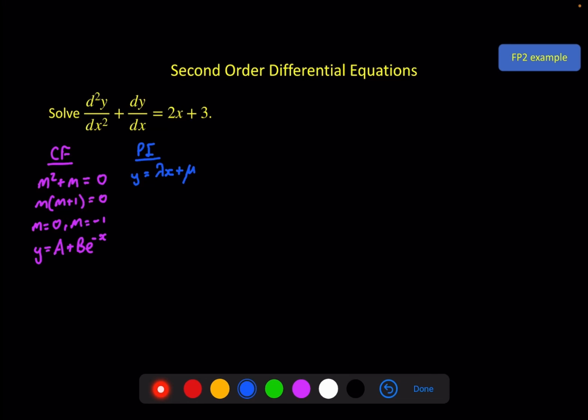And I'll follow this through to show that it doesn't work, because if we differentiate this, we get lambda, and if we do the second derivative, of course we get 0. So when I put those into the equation here to find out what lambda and mu are, we end up with 0 plus lambda equals 2x plus 3. When we try to equate these, we end up with lambda equals 3.